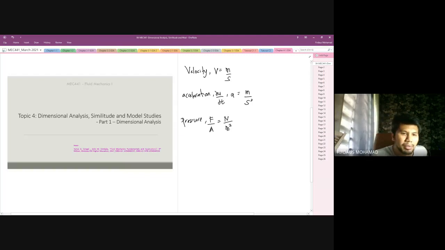And then for similitude, we use this dimensional and convert it into a standard similarity, or similitude, study.